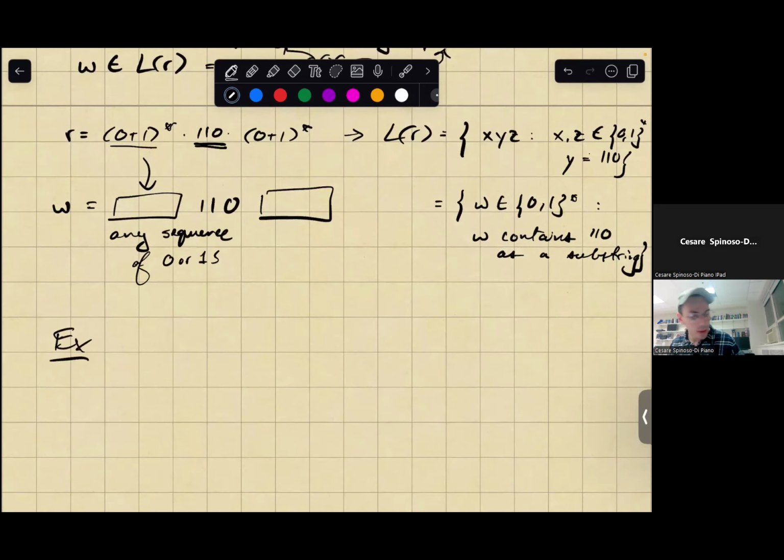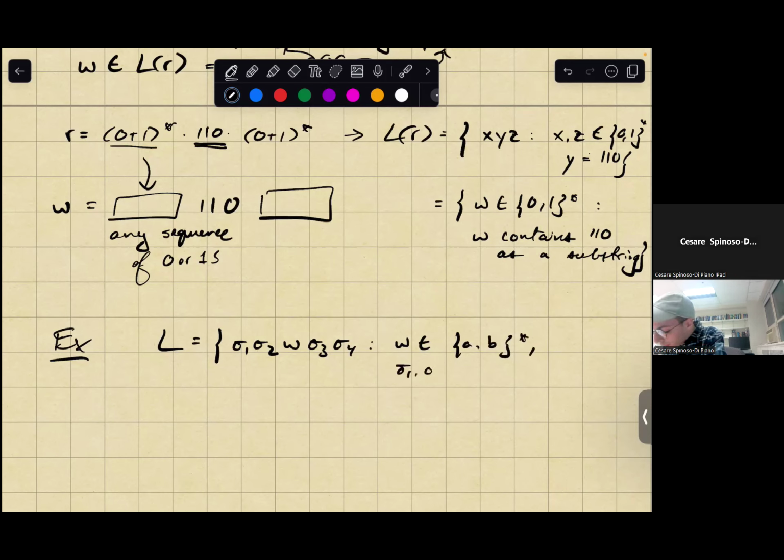So in this case, if I want to design a regular expression that accepts the language, it's going to be strings of the form sigma 1, sigma 2, W, sigma 3, sigma 4, where W is in (A, B) star, and sigma 1, sigma 2, all the way to sigma 4 are letters. And I have the additional restriction that sigma 1 has to be equal to sigma 3.